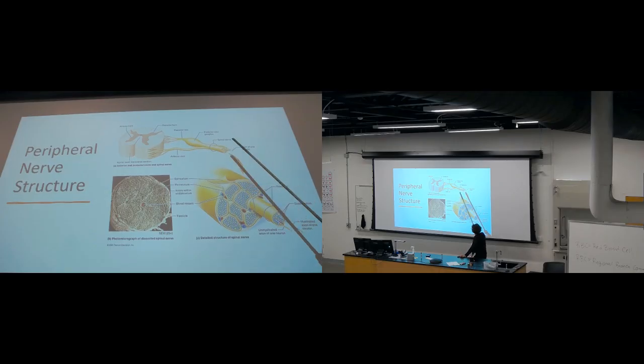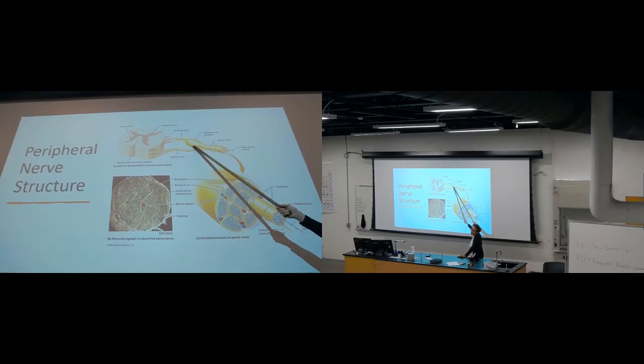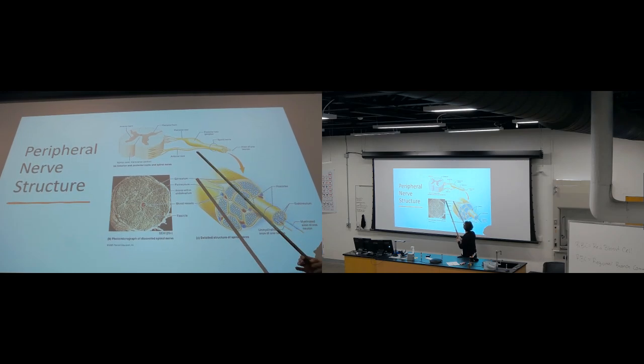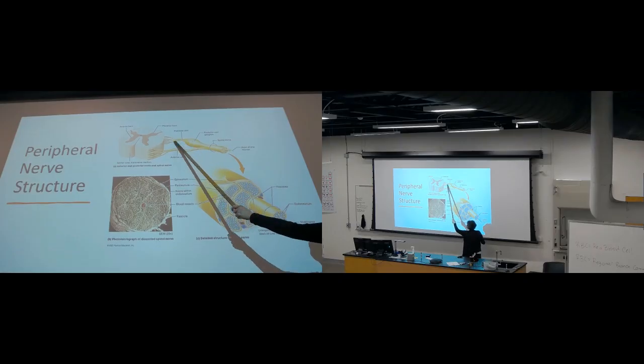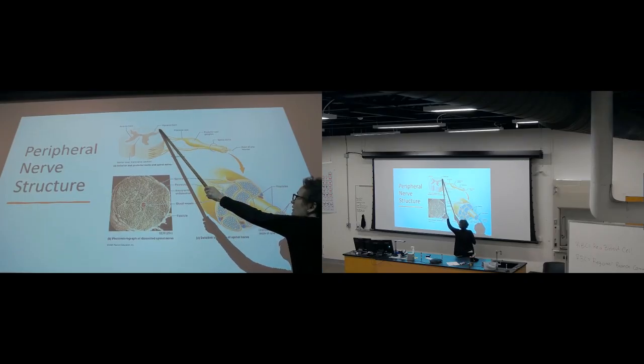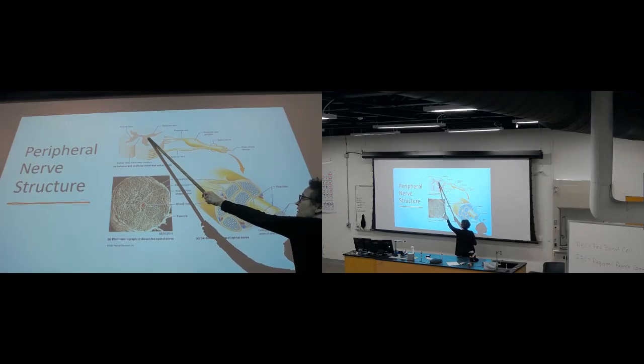A difference between the posterior root and the anterior root is that the posterior root has a posterior root ganglion that holds the cell bodies of these sensory neurons. Then an axon extends and connects here to bring sensory information to the posterior horns.